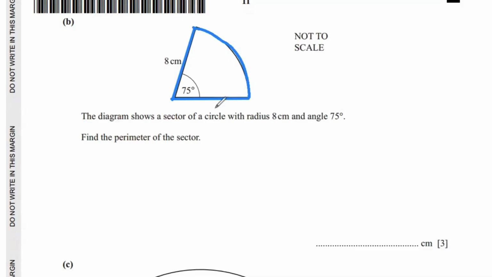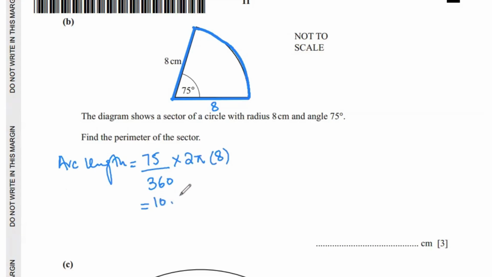This is the radius, so this is also the radius, this is 8. Arc length is basically 75, which is the angle for the sector, divided by 360 times 2 pi r, and r being 8 over here. So once we solve this, the arc length comes out as 10.472.